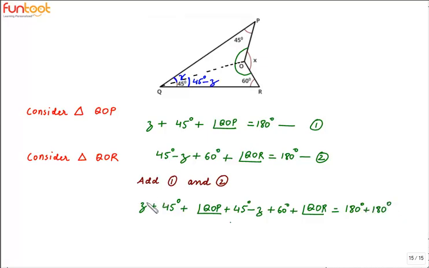So as stated earlier, we can cancel plus Z and minus Z, and here we will have angle QOP plus angle QOR plus 45 degrees plus 45 degrees plus 60 degrees is equal to 360 degrees.